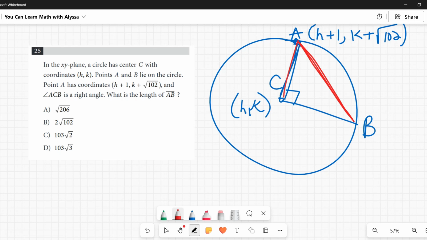Now I know this is a circle and both A and B are lying on the circle. So AC and CB are both radii of the circle, so they are the same. The circle has a radius the same all the way around, right? So I know AC and CB are the same. This is an isosceles right triangle.